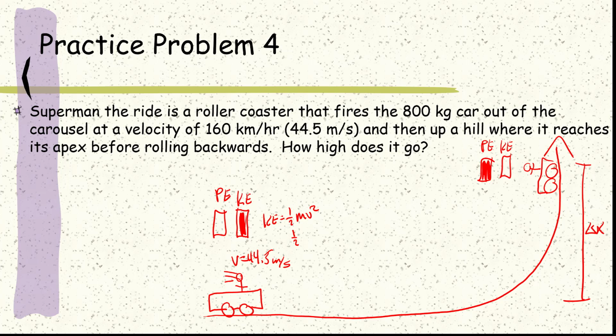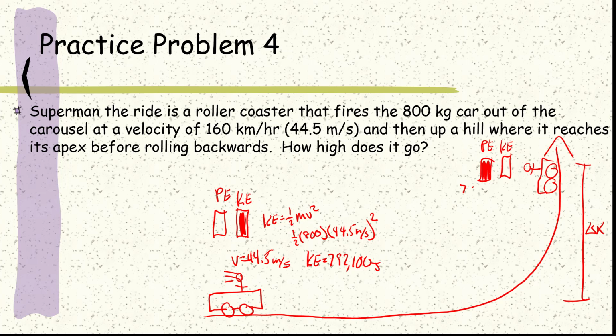We have 1/2 times an 800 kilogram object times its velocity of 44.5 meters per second squared. So let's see here. That gets a total amount of kinetic energy of 792,100 joules.